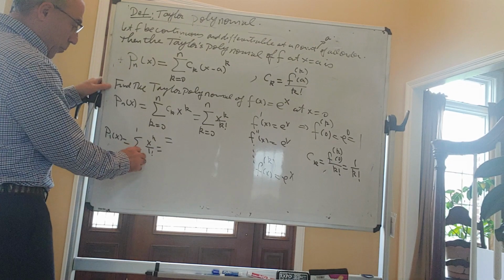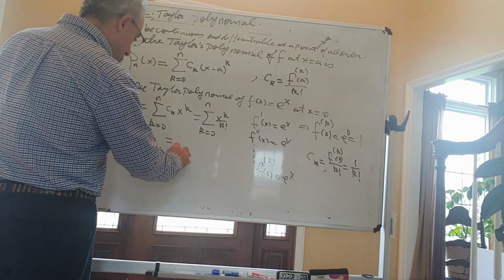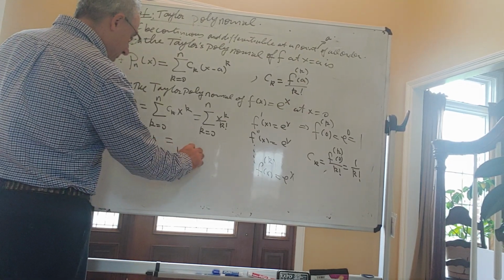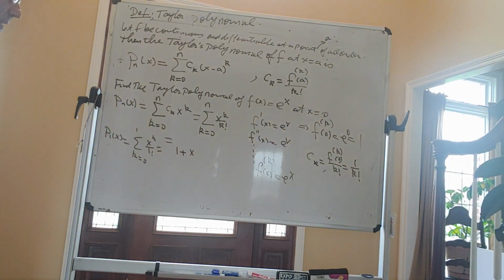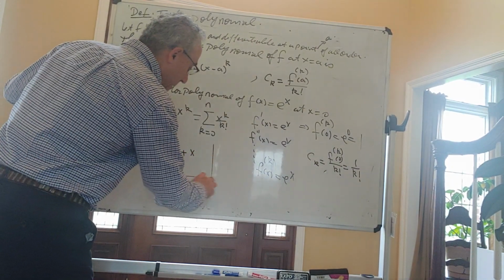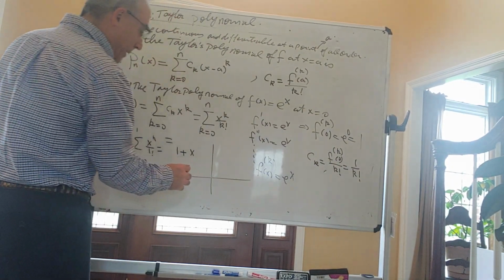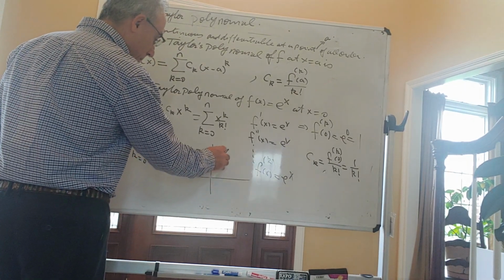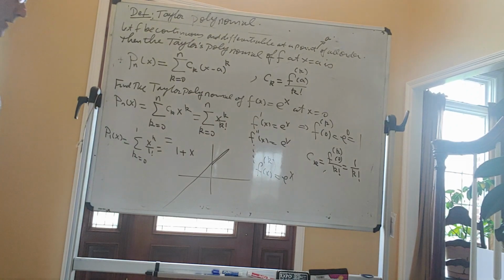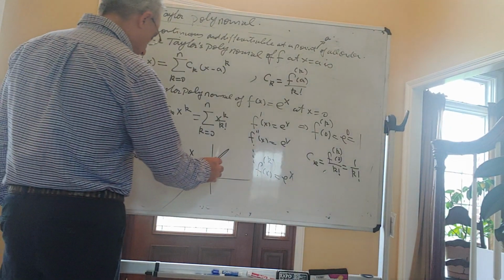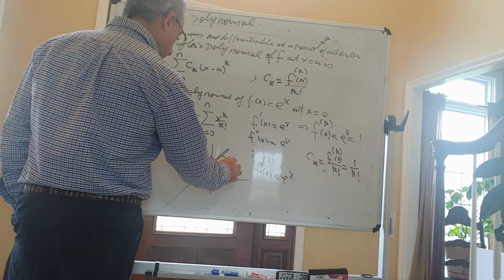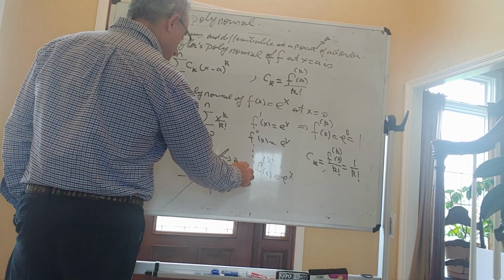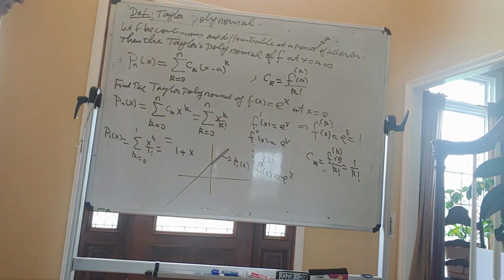So if you put k equals 0, you get 1, plus k equals 1, you get x. So what is that? That is a straight line. For x equal 0, y is 1. So it is a straight line like this. So this is P1 of x. All right?